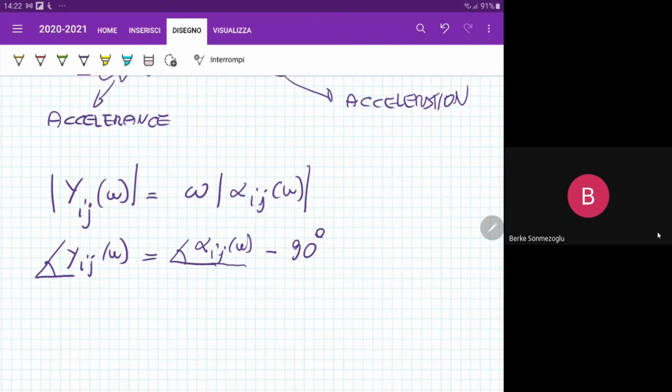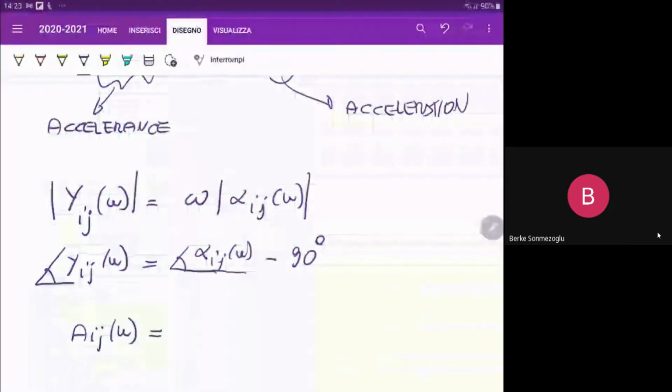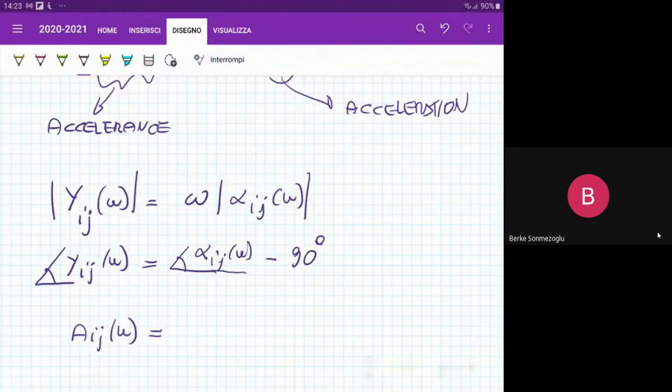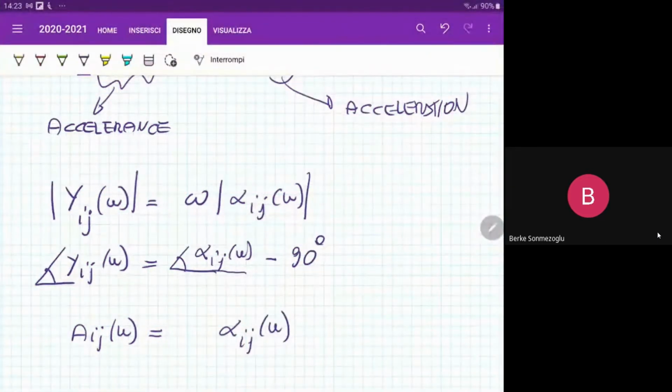Okay. And finally, we can also derive the amplitude and the phase of the accelerance from the receptance just by multiplying the receptance by negative omega square. In this case, I'm not considering any amplitude and phase. I'm just considering the component of whatever accelerance function, derived from the corresponding component of your receptance function and then multiplied by negative omega square.